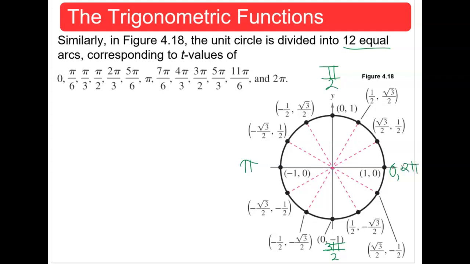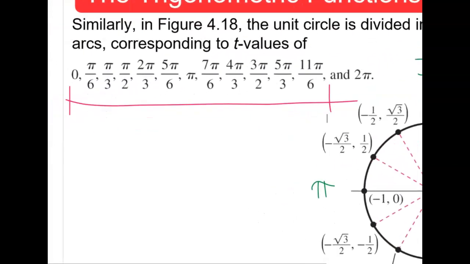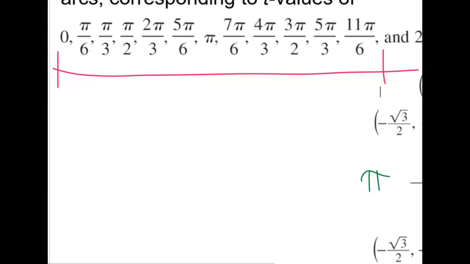Okay, now let's start with the pi over 6, which will be the very first one here. And our next number, we're going to do the same thing that we did previously. So here for our number line, we have here pi over 6. This will be 2 pi over 6, and 2 pi over 6 simplifies to pi over 3.